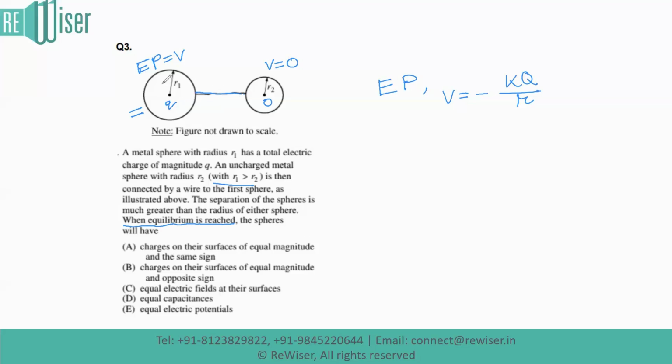Since the radius is bigger in this case and smaller in this case, that is not true. Charges won't be similar. Charges on their surface will be of equal magnitude and opposite sign?